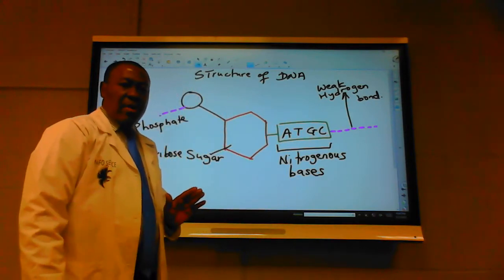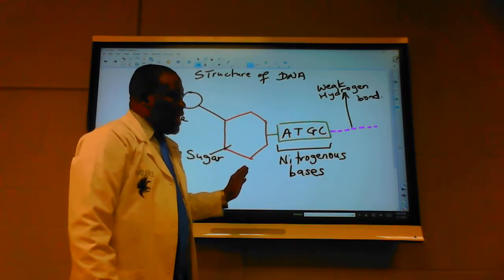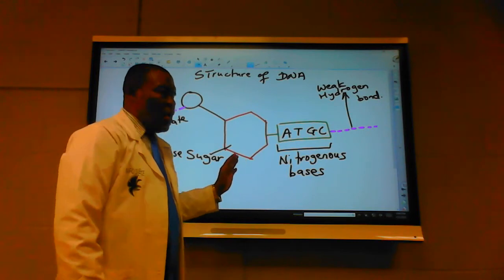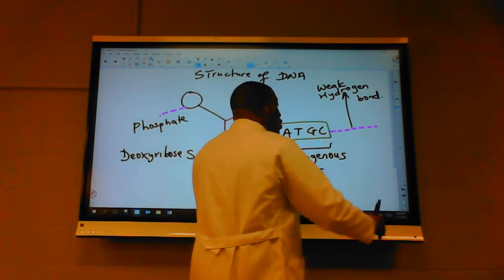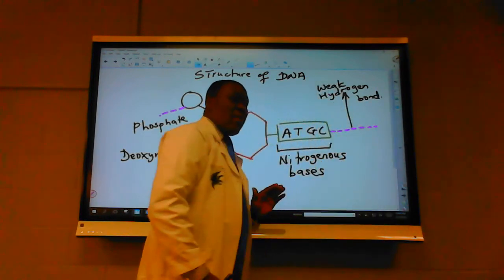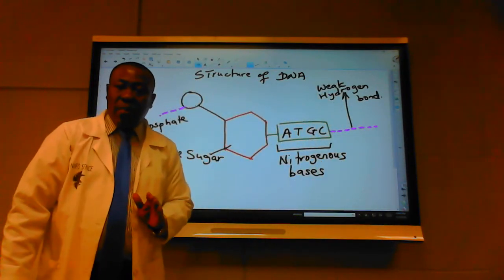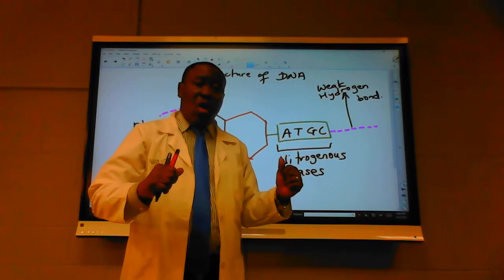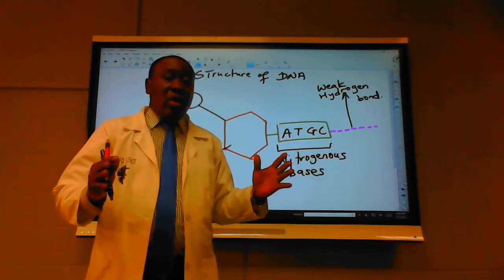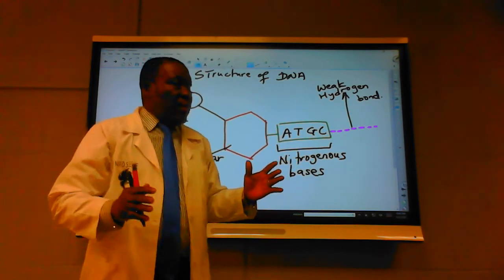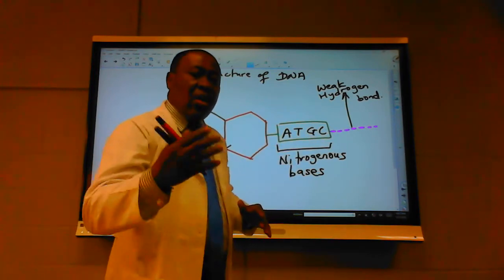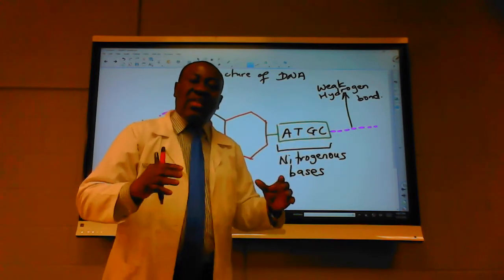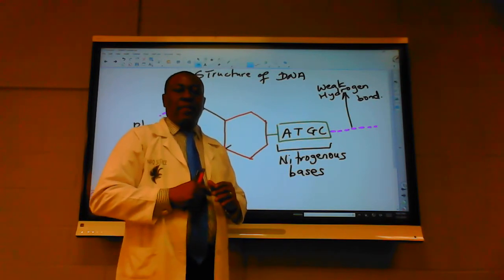In order for DNA replication to occur, the left side of a DNA molecule has to separate from the right side. And if that bond is too strong, that separation will not be easy at all. So that's why the hydrogen bond is weak, so that the left side of the DNA molecule will easily separate from the right side.